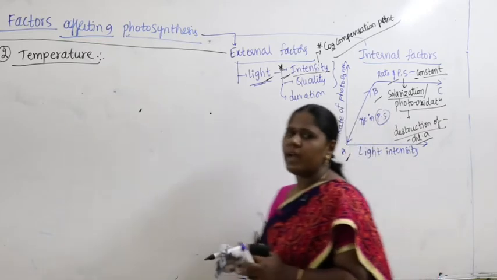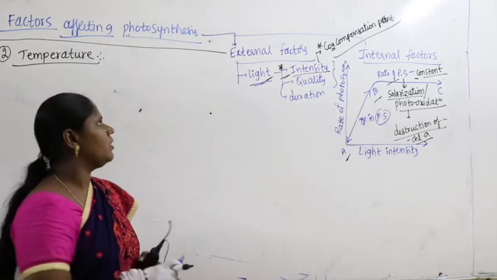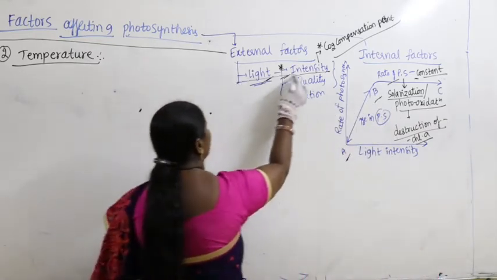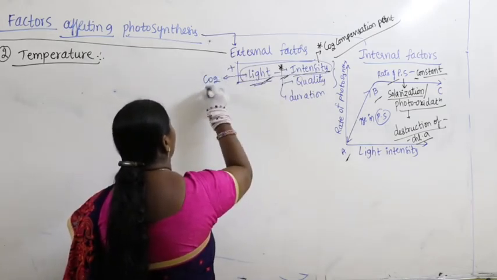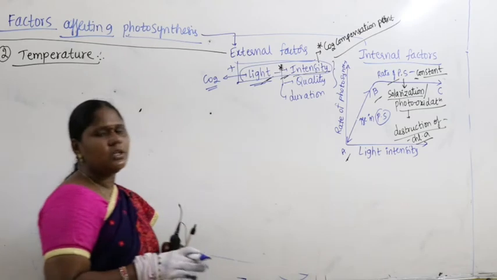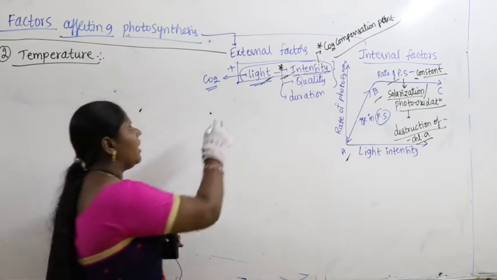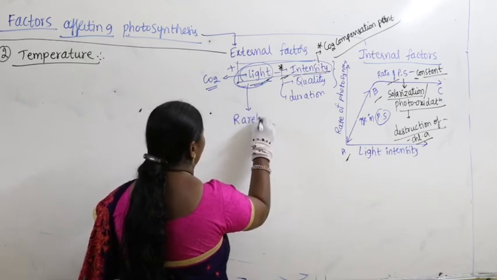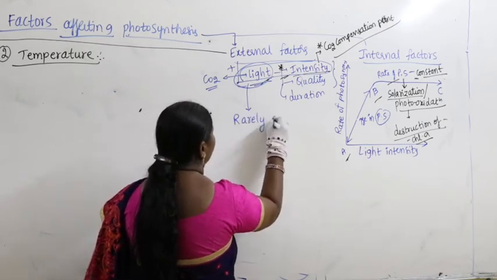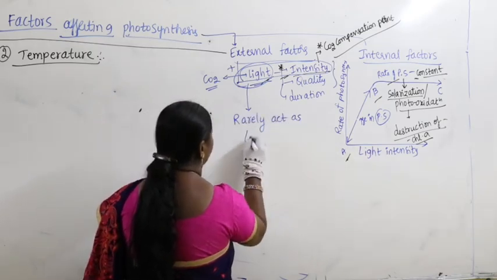But light intensity we always study along with carbon dioxide. Generally, light rarely acts as a limiting factor.